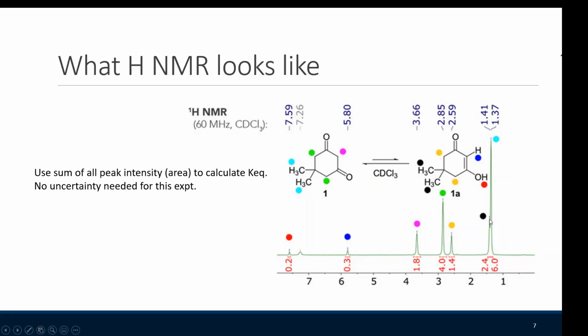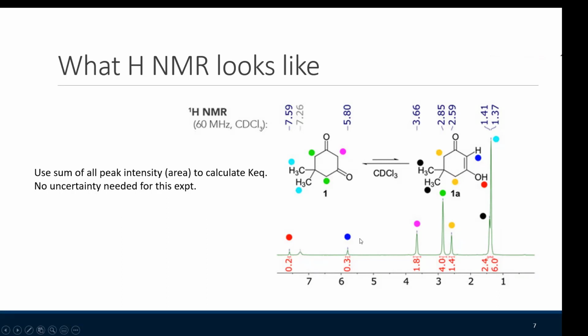The first time I would click here, and the second time I would take a guess where the peak should end, click somewhere there, and it will give me a number. Then I will erase that calculation, erase that peak, and calculate again for the other larger peak. But usually that will give you very large errors because you really don't know where the peak ends or starts.